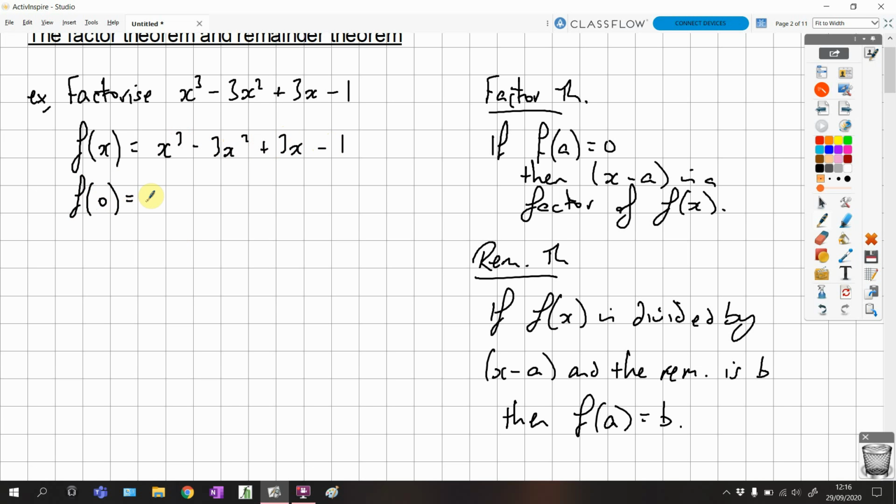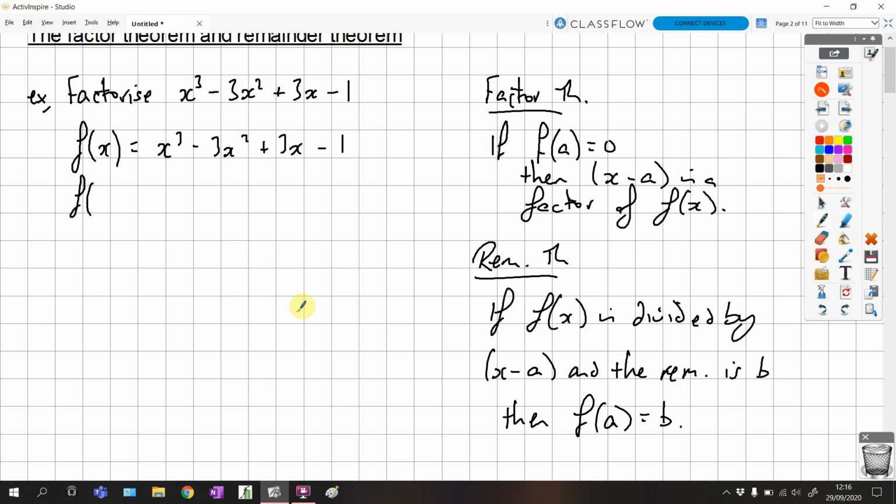F of 0, we can see straight away, makes minus 1. More importantly, it doesn't make 0. So x minus 0, x on its own, isn't a factor of the cubic, and that's a trivial result because we could see that right at the beginning. So we'll get rid of that one, but it was an option.